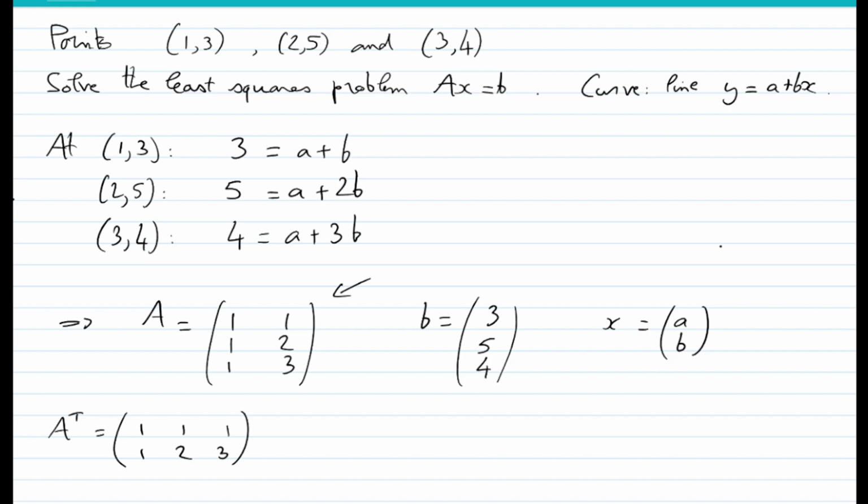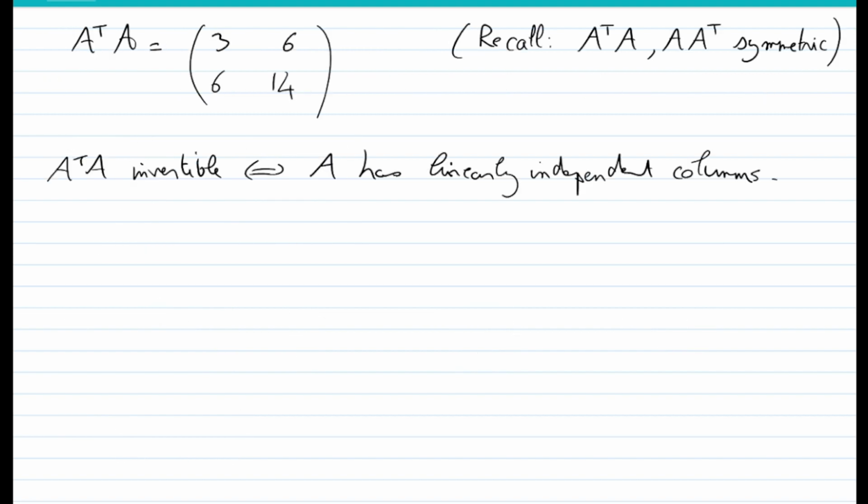But for the second entry I multiply by 2 and the third entry by 3. So clearly there is not a value c such that c times the first column is equal to the second column. So we have linear independence. So we know from both ways that the matrix A transpose A is invertible.